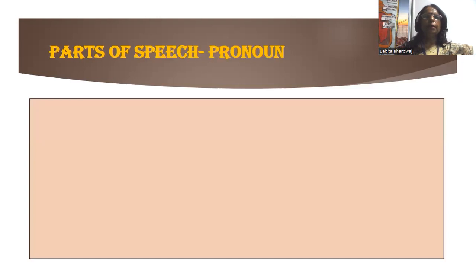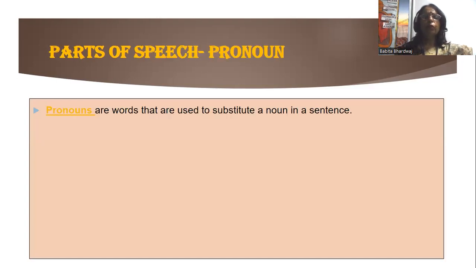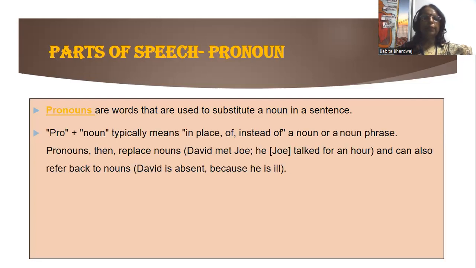Now coming to the second part of speech, that is pronoun. These are the words used to substitute a noun in a sentence. As I told you, I'm not going to discuss in detail what all these parts are, because you can go through any grammar book for the same.